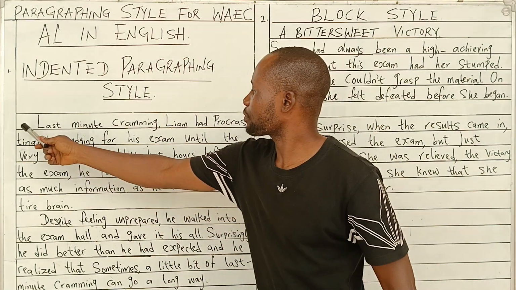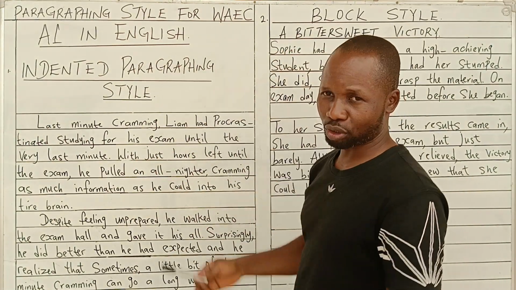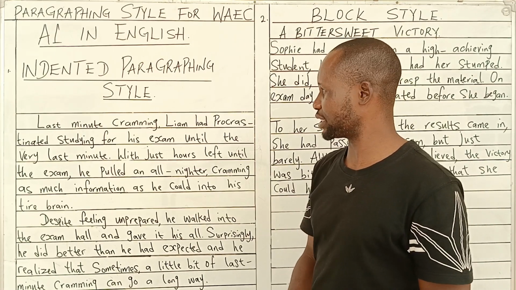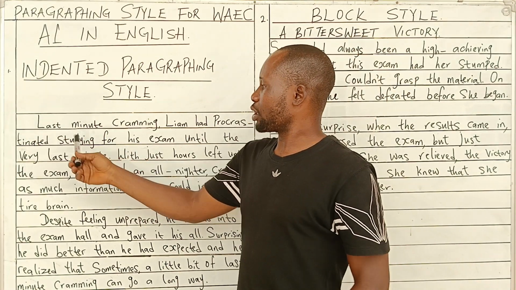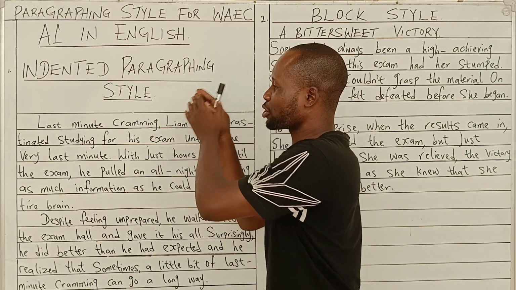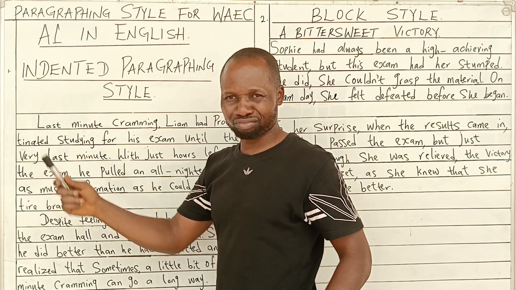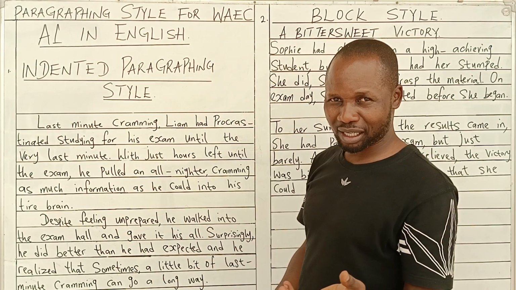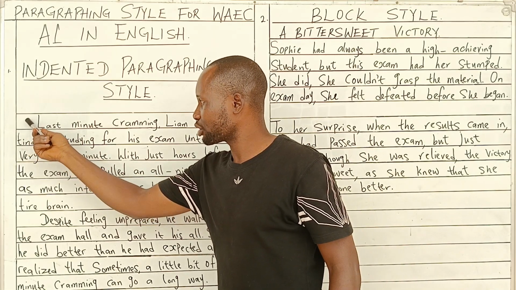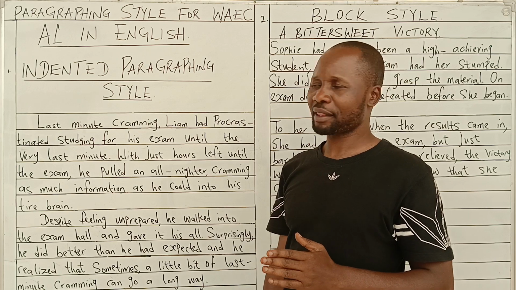So you can see these are lines. Let's say this is your notebook, or your exam sheet, anyone you want to call it. When you want to start writing, if you want to use indented, you usually chop off some unit, and you start writing.